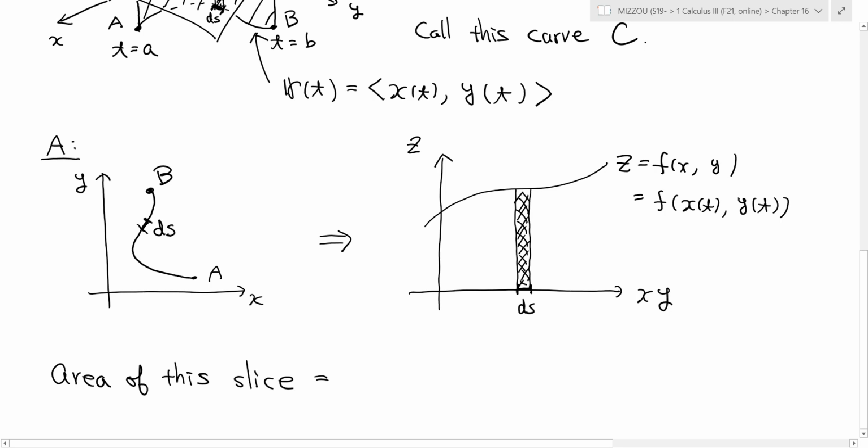is what? Well, width is ds and the height is precisely the z value of the function. So therefore, the area is height times width.